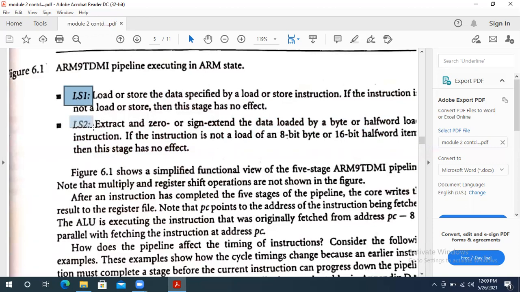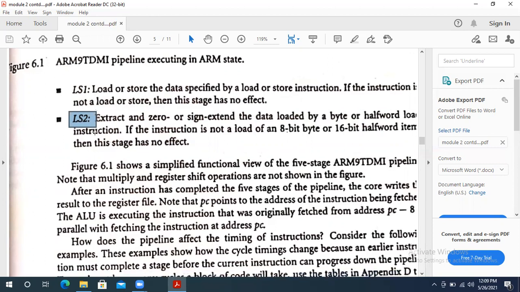The LS2 stores the output of a half word or 1 byte here. So that's why we have two different units, LS1 and LS2, for the outputs here. This is for the 32-bit storage, this is for the 16-bit and 8-bit storage.